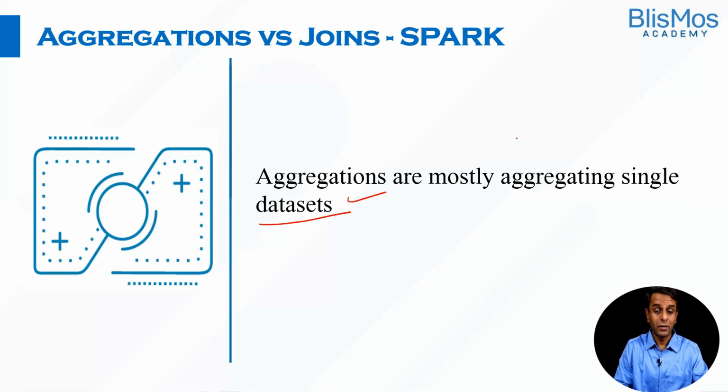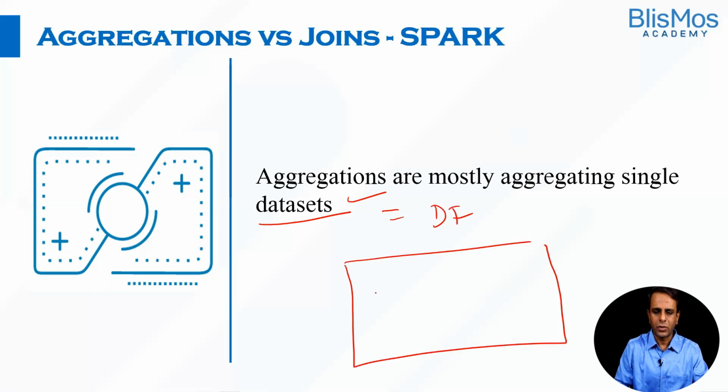What do I mean by that? Single data sets here I mean a data frame. So let us take an example just to refresh your memories. This is a data frame with 3 columns: one is employee ID, another is employee name, and another is salary.